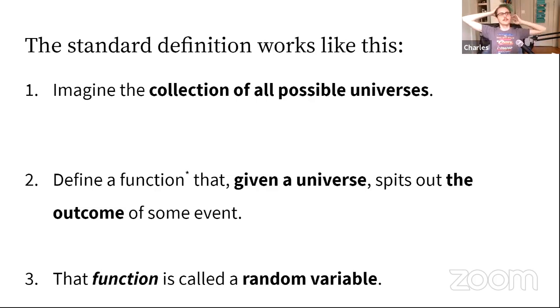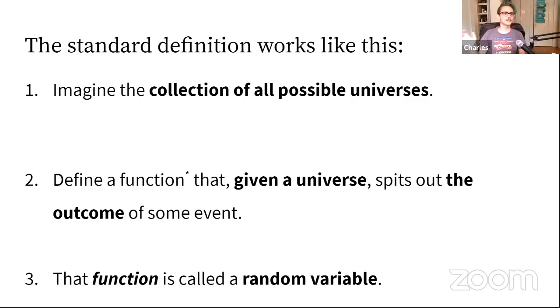So the standard definition is a kind of a strange one. It first asks you to imagine a collection of all possible universes. This gets given the very fancy capital omega letter, and then it asks you to define a function that, given a universe, spits out the outcome of some event.